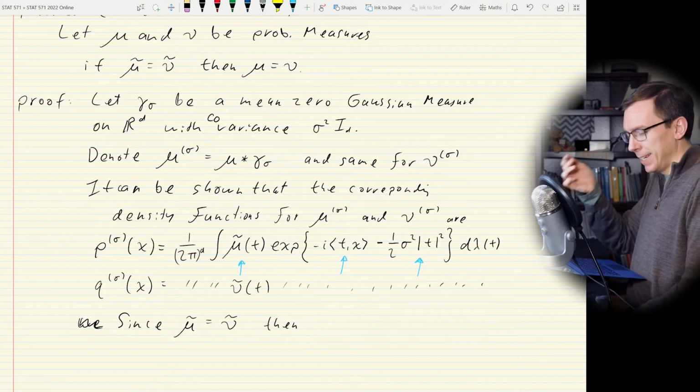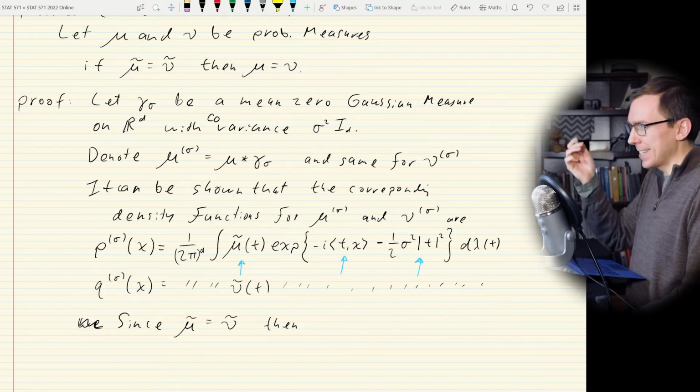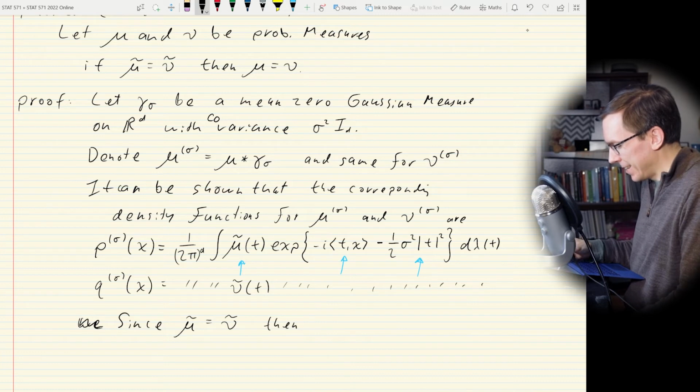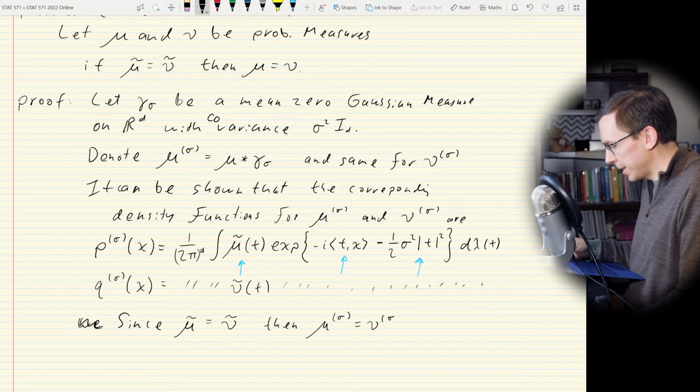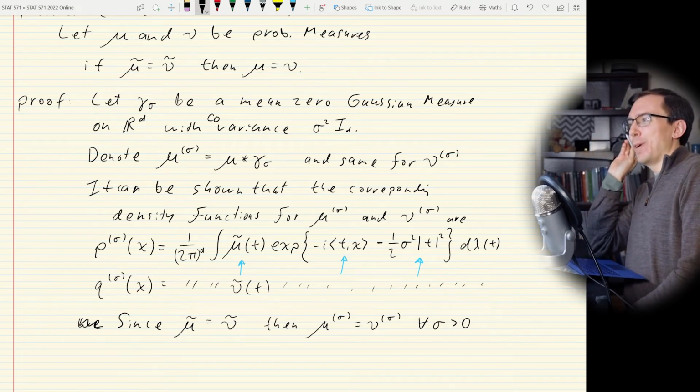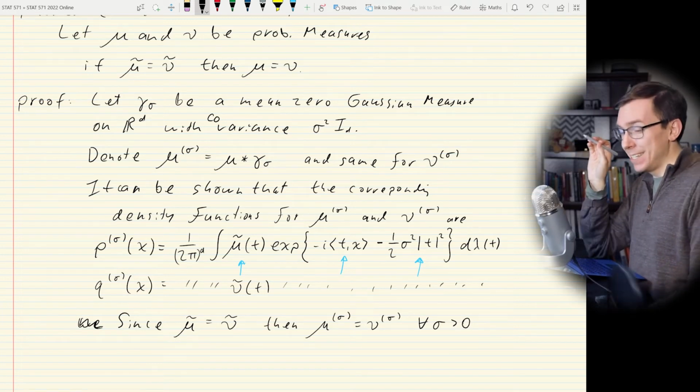So p sigma, q sigma, exactly the same thing. And then the measures mu sigma coincide with nu sigma, and this is for all sigma greater than 0. What we want to do is take sigma to 0.